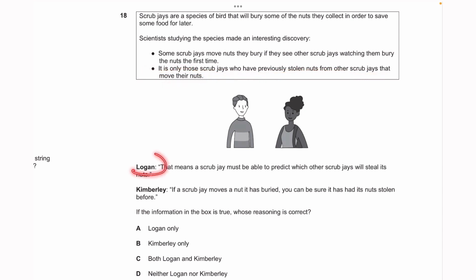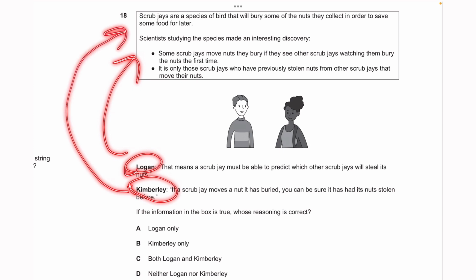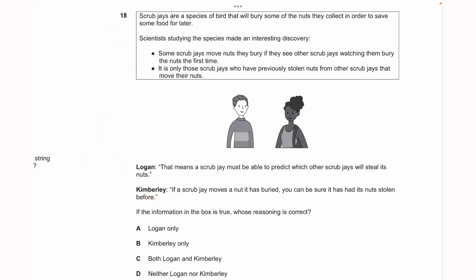Now Logan says this: that means that a scrub jay must be able to predict which other scrub jays will steal its nuts. And Kimberly says if a scrub jay moves a nut it has buried, you can be sure it has had its nuts stolen before. Okay, so once again, what we've got to do is have a look at Logan and Kimberly's reasoning and see if they match the above information in the box, okay?